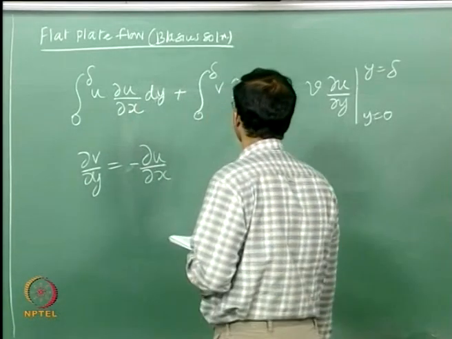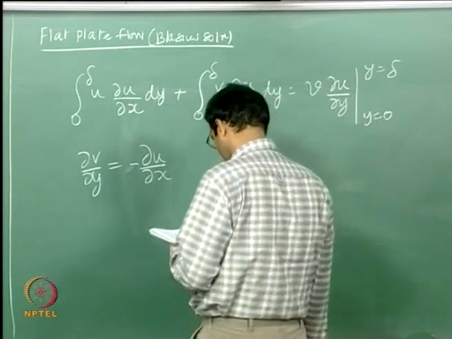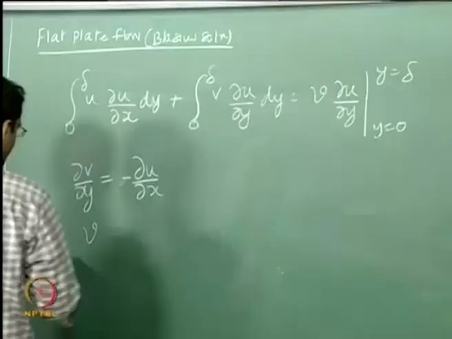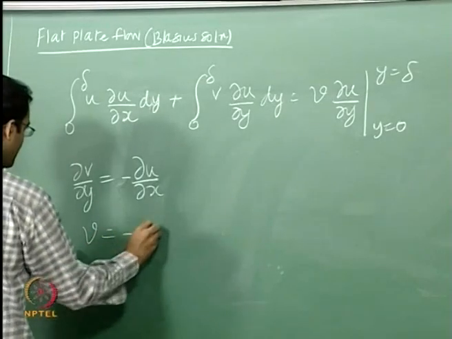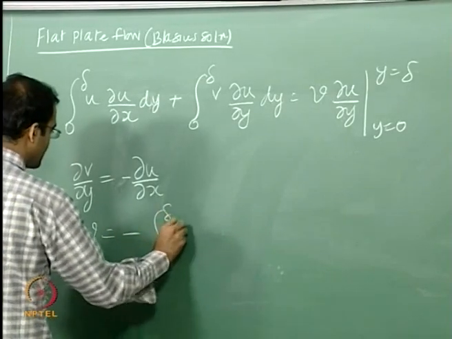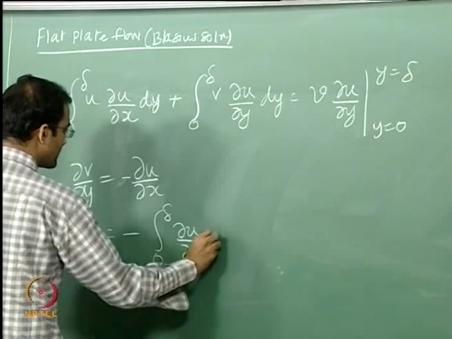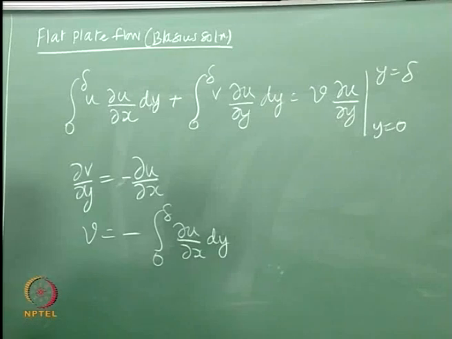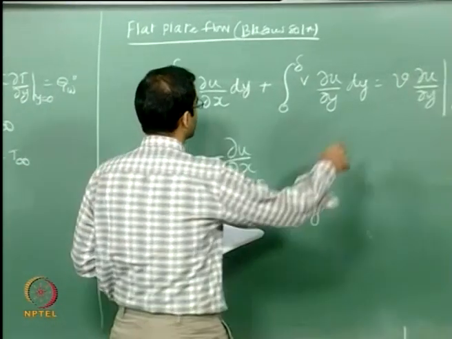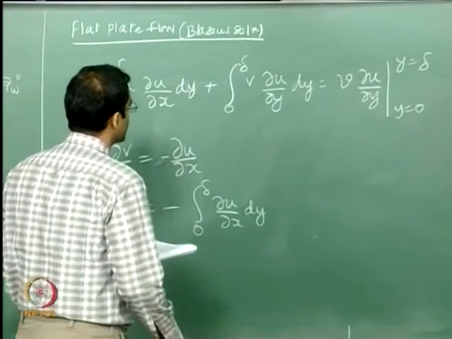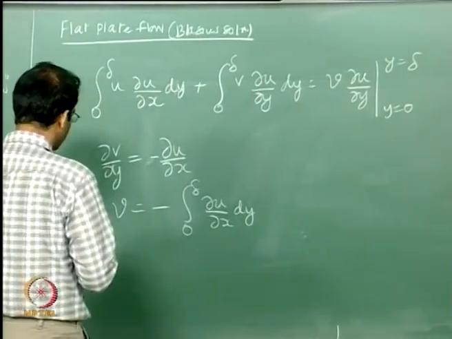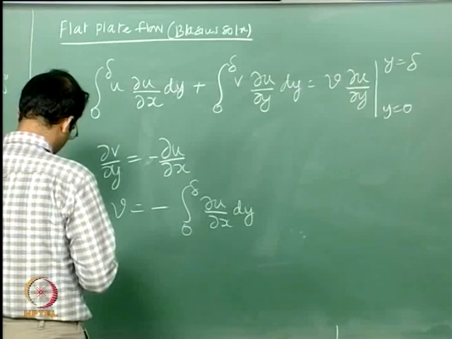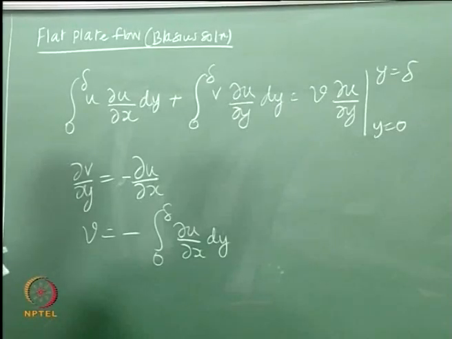So I can integrate this for V: V is minus the integral from 0 to delta of du by dx dy. Now we can substitute into that, where this is your kinematic viscosity.